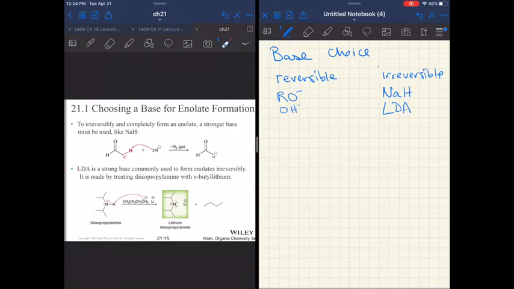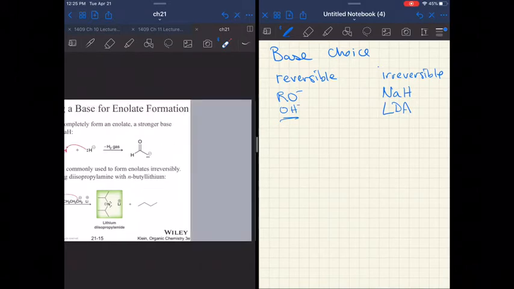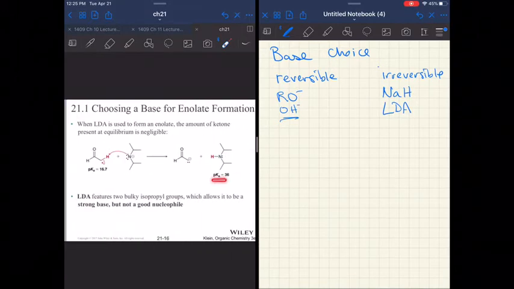LDA is another really strong base. You don't have to know this reaction. This is what LDA looks like. It's lithium diisopropyl amide. And so that nitrogen with a negative charge winds up being much stronger than any of your oxygen bases. And so this is just a very, very strong base.